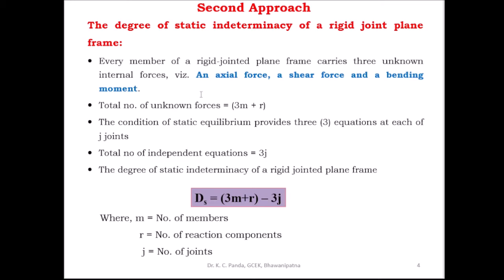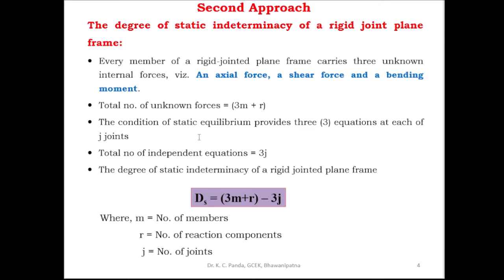The total number of external reaction components is equal to r. So the total number of unknown forces is equal to 3m plus r, where 3m is the internal member forces and r is the external reaction components.